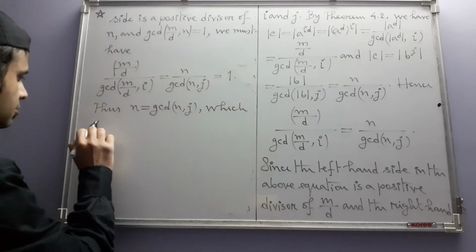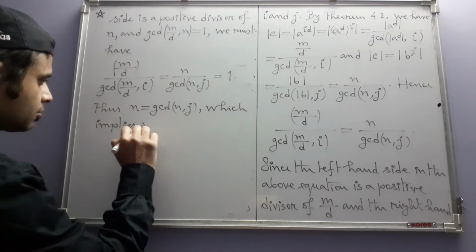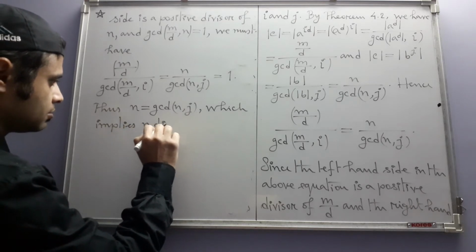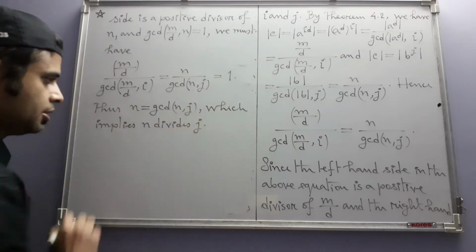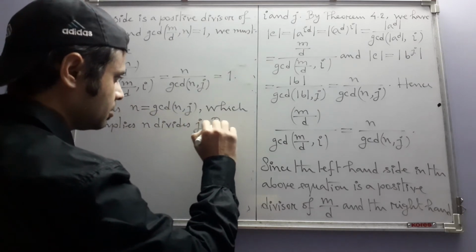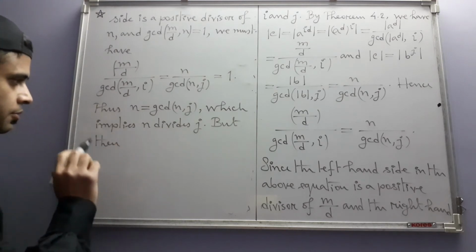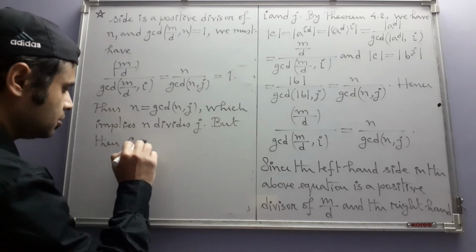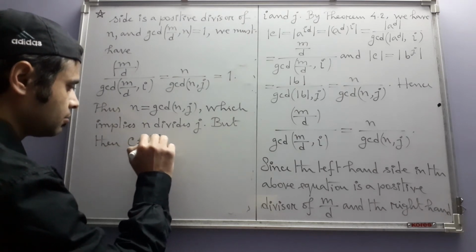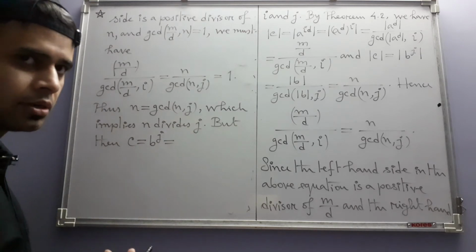Which implies n divides j. But then since n is the order of the element b, so c is equal to b to the power j. n divides j means j is a multiple of n.